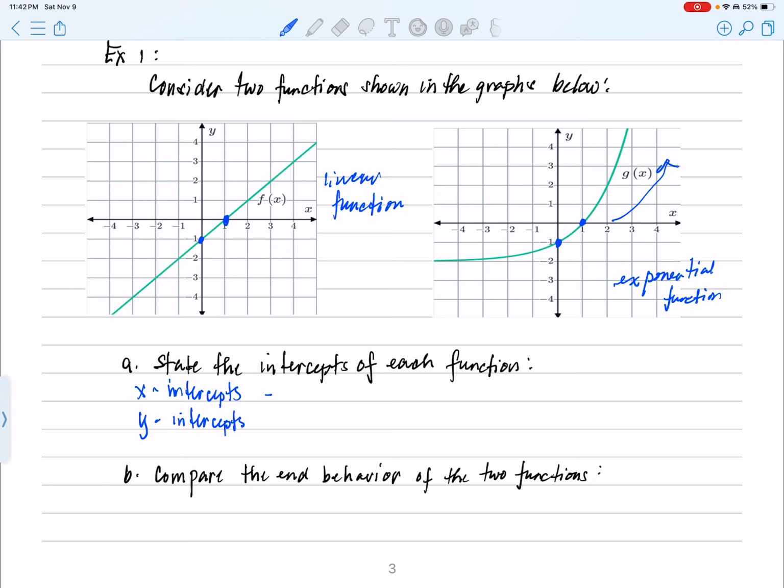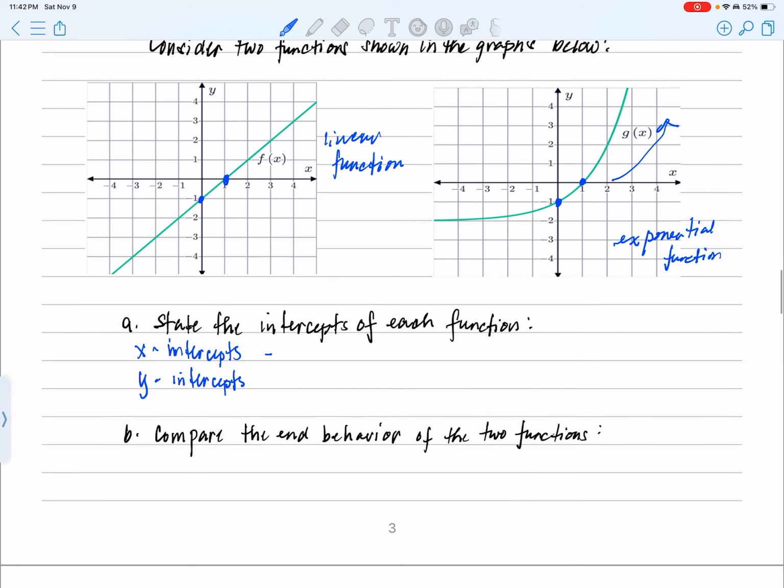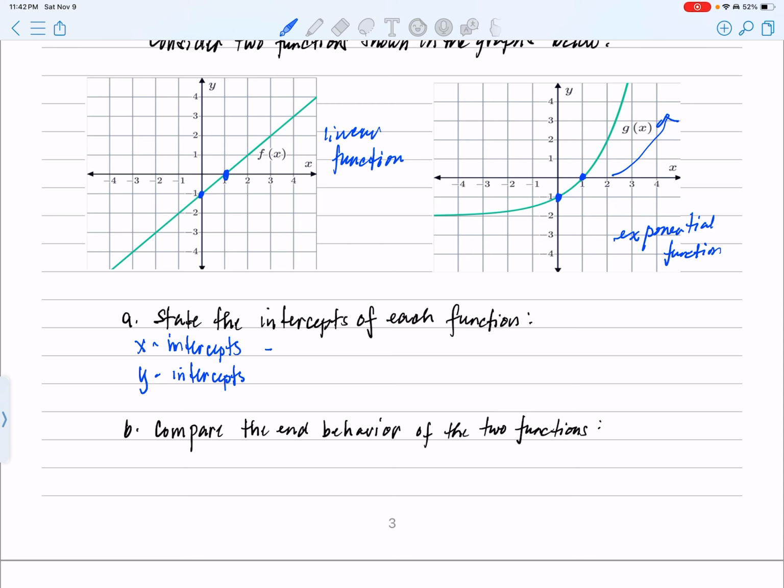So both functions have x and y intercepts. The x-intercept in both functions is found here at 1, 0. Sorry for that, this is 1, 0.